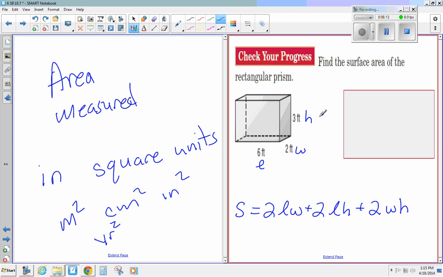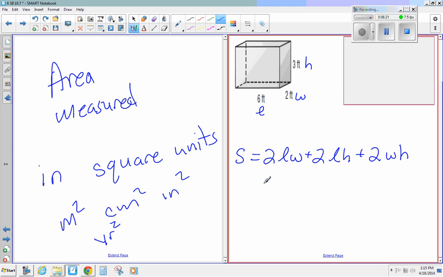LW, LH, and then the WH is the only other combination we don't have. So, looking at these labels, 2 times 6 times 2, 2 times the length, 6, times the height, plus 2 times the width times the height, and we'll work it out.